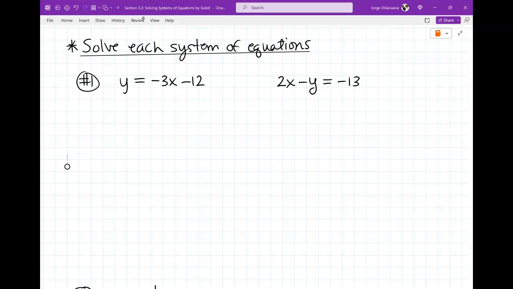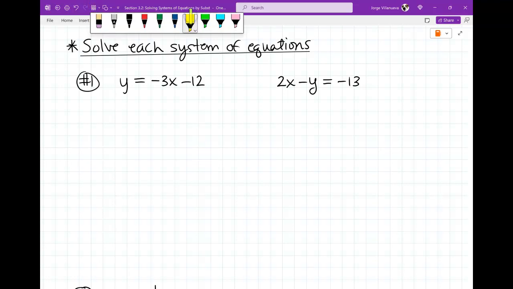Okay, you said left. Why? It's already solved. So notice how I said pick an equation to solve for x or y if needed, right? It's not needed. I already have one that's solved for y. Y is equal to negative 3x minus 12. What does that mean? That means anytime I see the letter y, instead of it saying y, I can rewrite negative 3x minus 12.